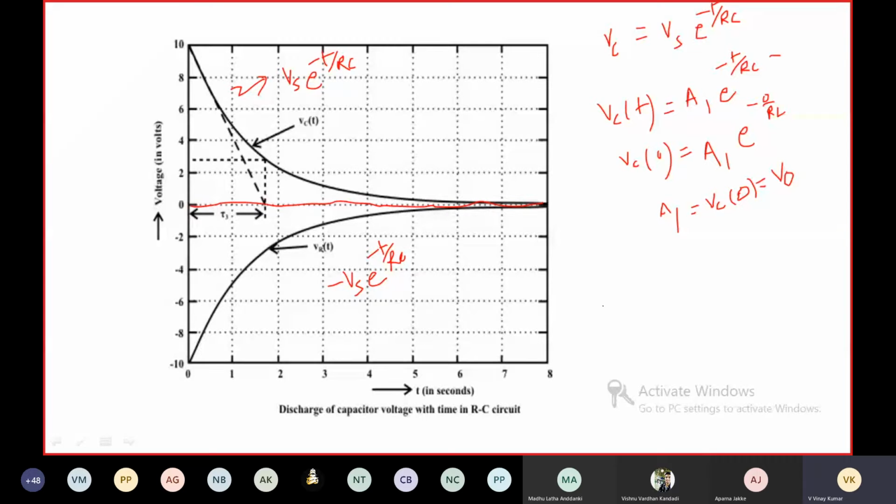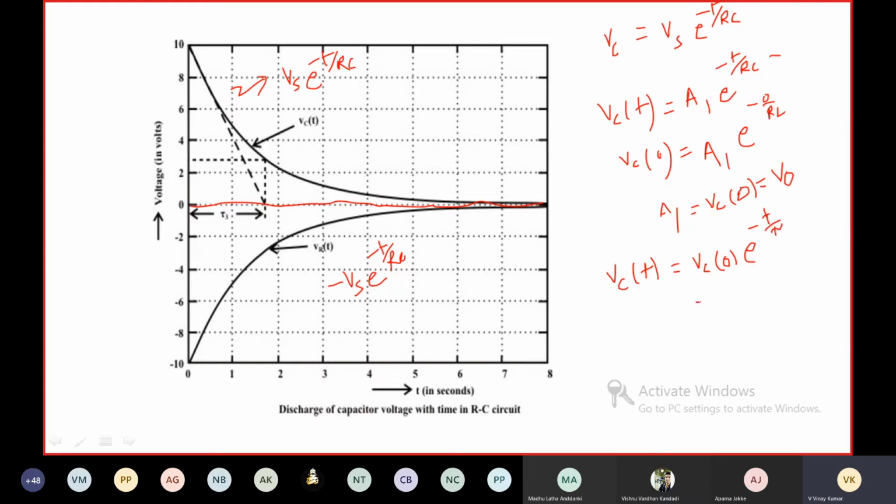So finally the general expression would be like this: Vc of t is equal to Vc of 0 e power minus t by tau.